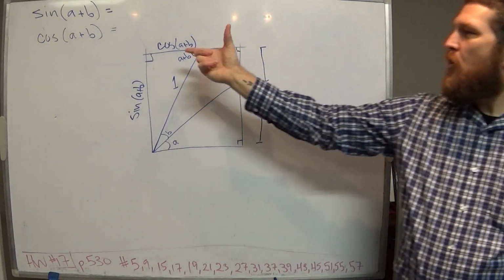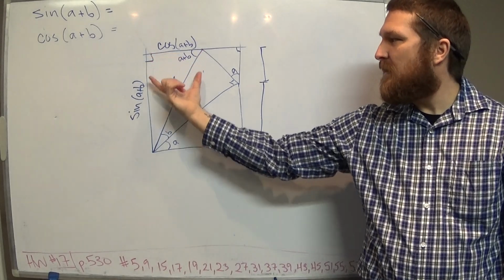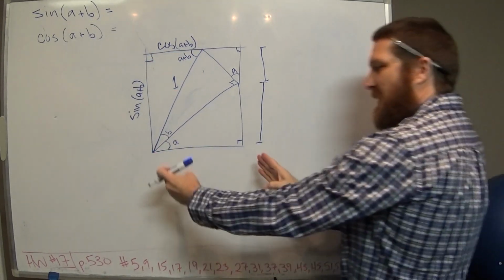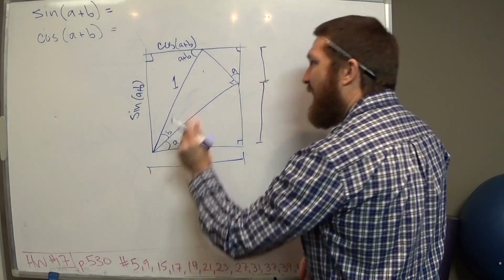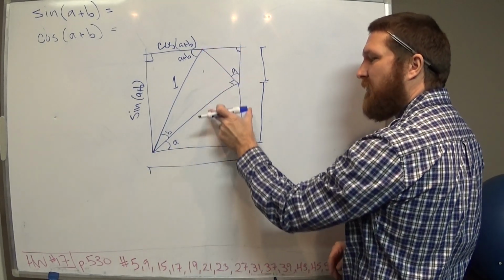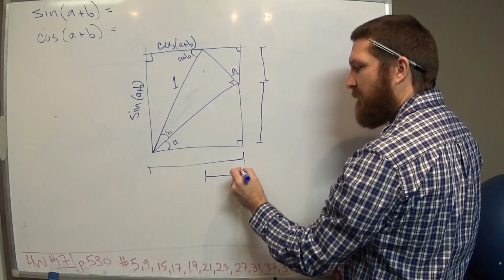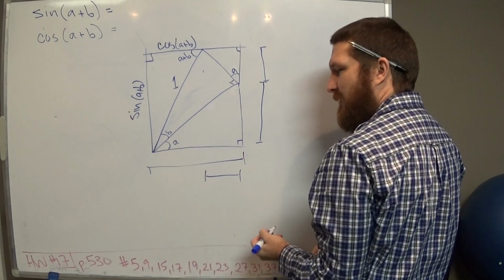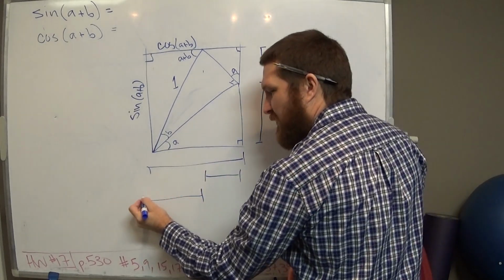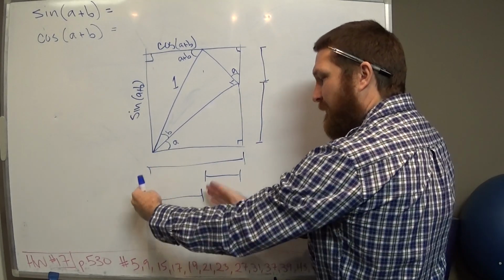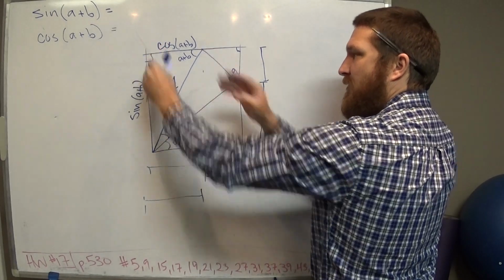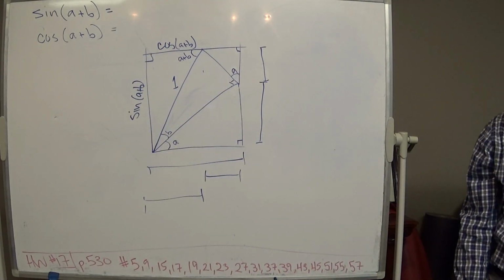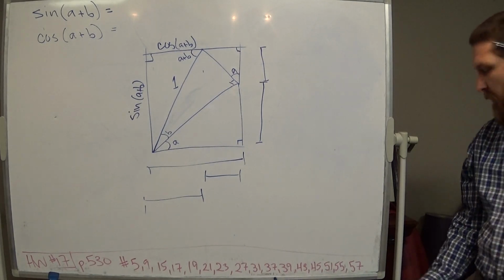Cosine A plus B, on the other hand, would be what you get if you take this bottom distance and subtract off this distance right there. Whatever's left over will be the same length as that guy right there. Everybody buy that? Do you buy that, young man? Okay, good.